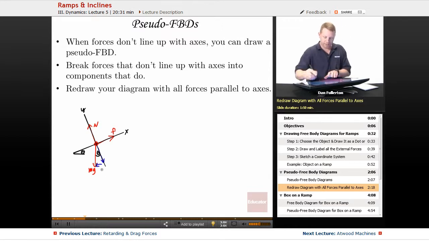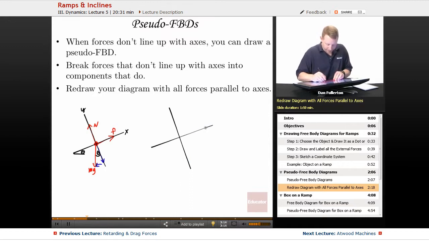So the way we do that is with our pseudo-free body diagram on a separate diagram. If we want all of our points on the AP test, I'm going to draw our axes again. X, y. We have our dot. We still have our frictional force, our normal force, but now we put in our components of weight.